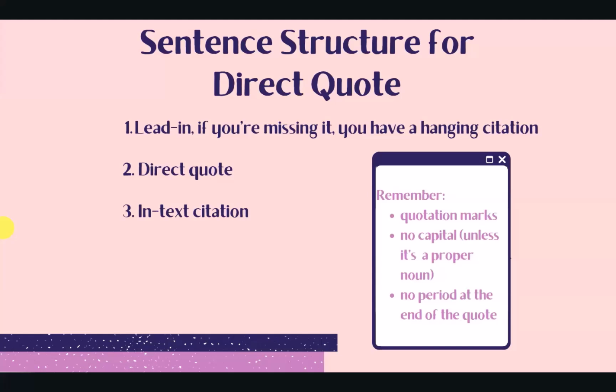Remember, you have to put quotation marks. You do not put a capital unless it's a proper noun, and there's no period at the end of your quote. So you have to remember all of these things to make sure your sentence is correct: the lead-in, direct quote, in-text citation, quotation marks, no capital, no period.